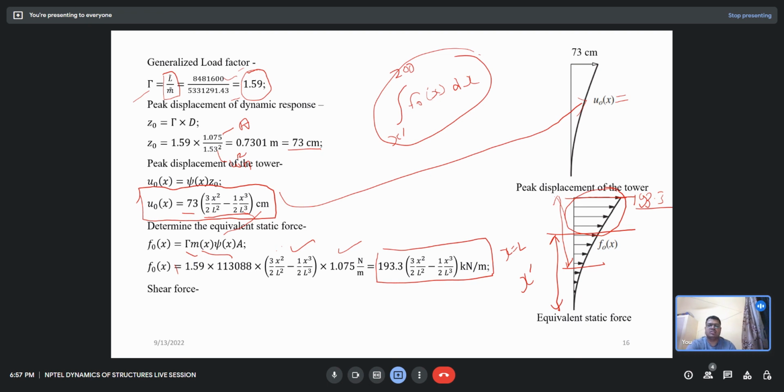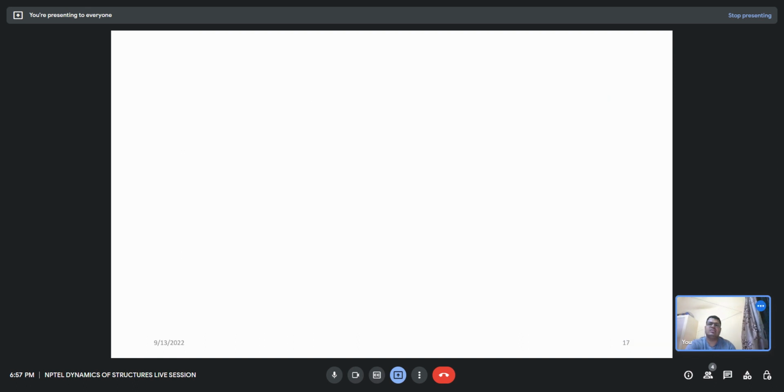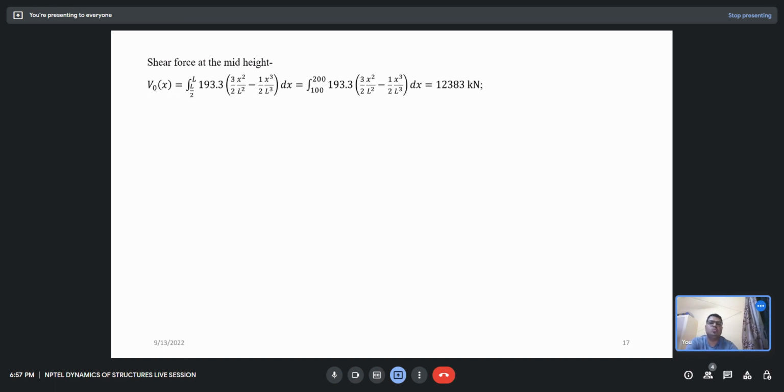Okay, so for the shear force, the x I have written is x test, so as not to confuse. You can take it as the integral from x test to L of f naught x dx. For the shear force at mid height, x test is equal to L by 2. If you integrate it, you will get your shear force, 12,383 kilonewton.